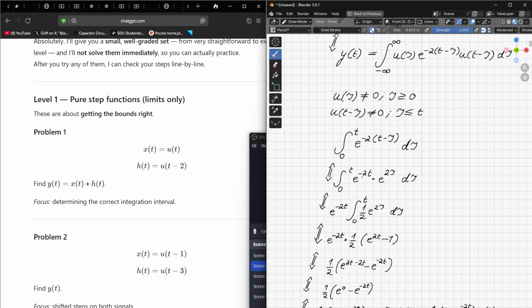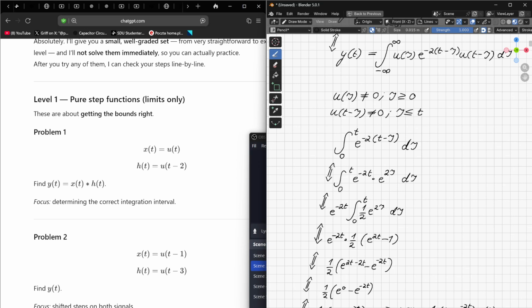And when you integrate e to the power of 2 tau, you get 1 over 2 times e to the power of 2 tau. So here you're just taking the coefficient of the variable in the exponent, and you're just creating a fraction.